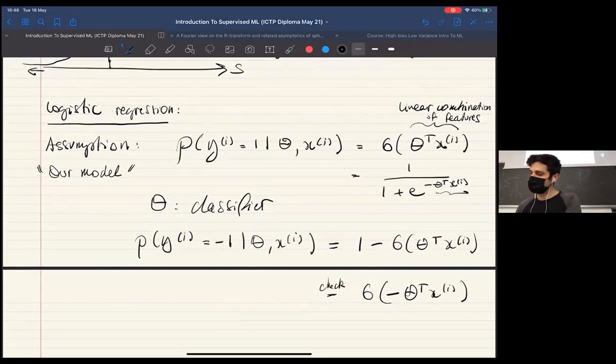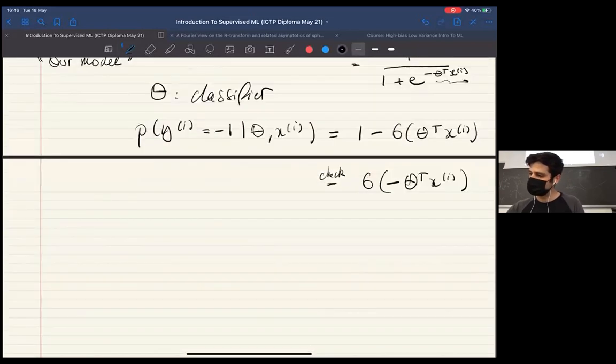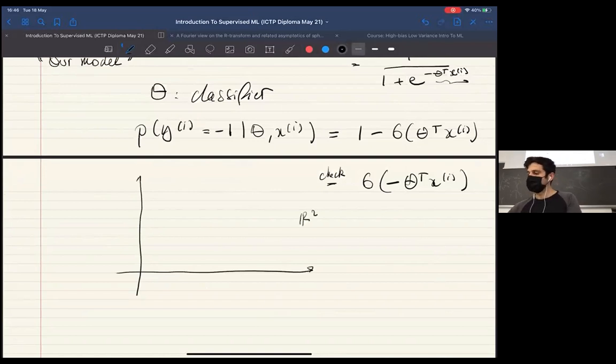So now, if we come back to our graphical representation here in 2 dimensions, this is R2. We will train our model. We will find a good classifier, and let's say it's here.